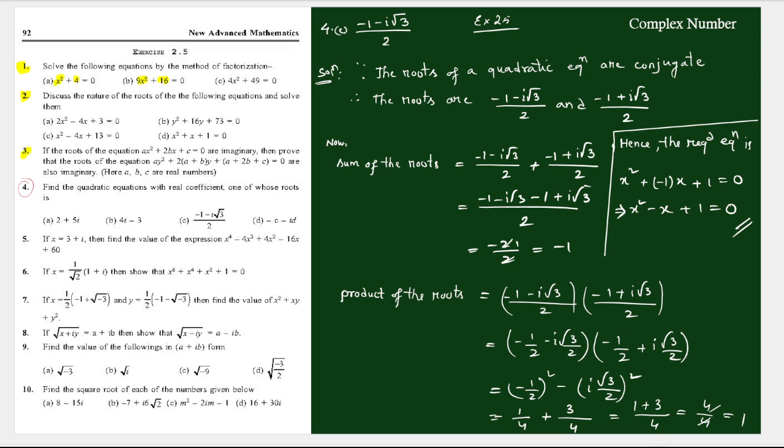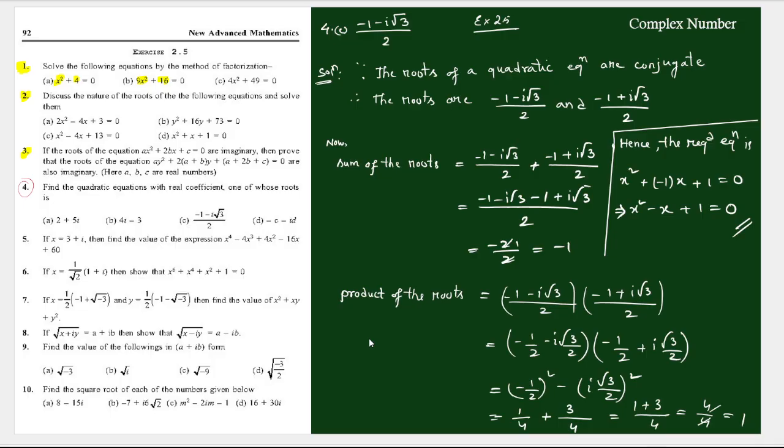Let's move to the next question. What is our next question? ये क्या है? So if x equal to 3 plus I, then find the value of the expression. Okay. We need to find the value of this expression. X का value है ये.